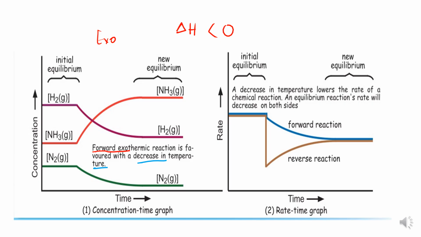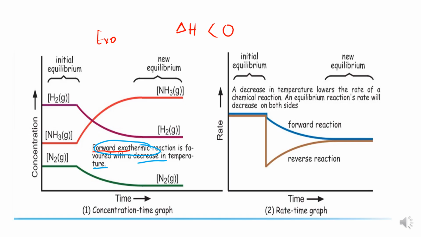Looking at it in a rate versus time graph, since you have decreased the temperature of the whole closed system, it means the average kinetic energy of all the particles has decreased. So both the reaction rates are going to decrease, both the forward and the reverse reaction rate, right? But remember we said the forward reaction is the one that is favored. What does that mean?